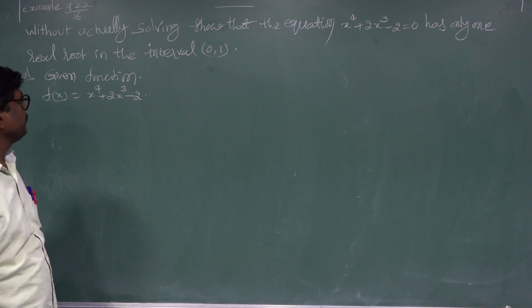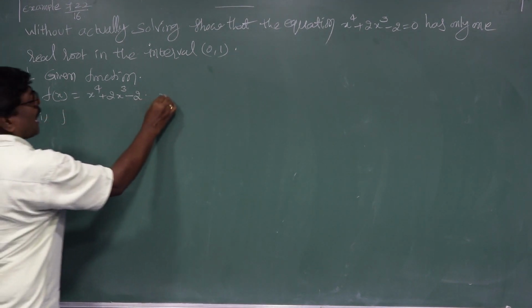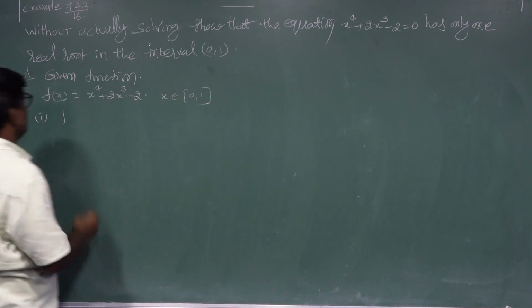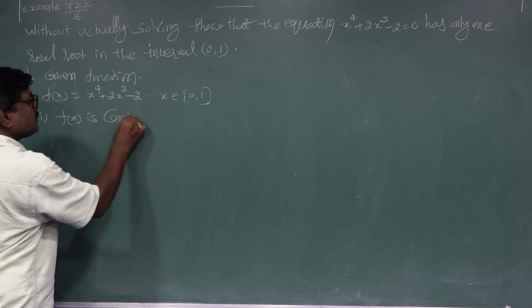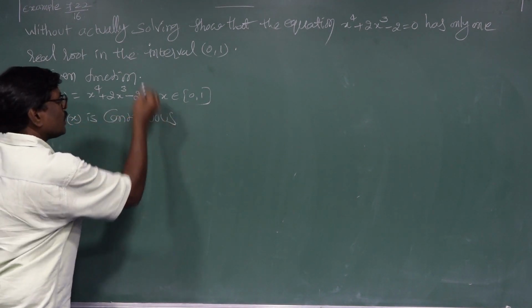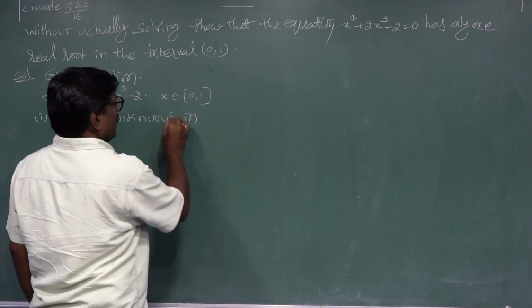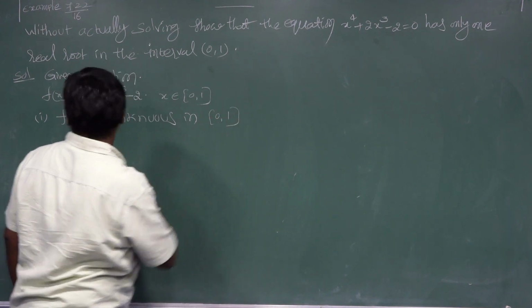This is the function. First, x belongs to [0, 1]. f(x) is continuous in the closed interval [0, 1].